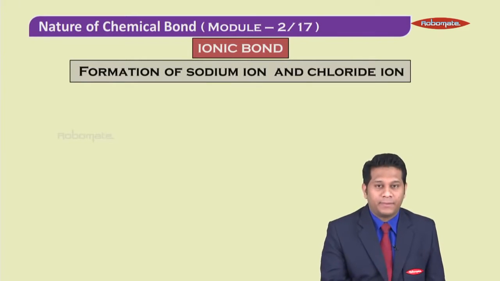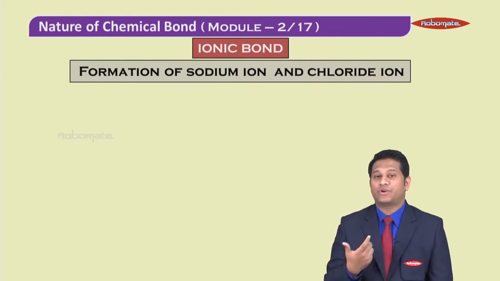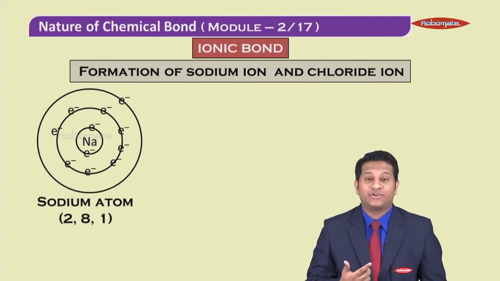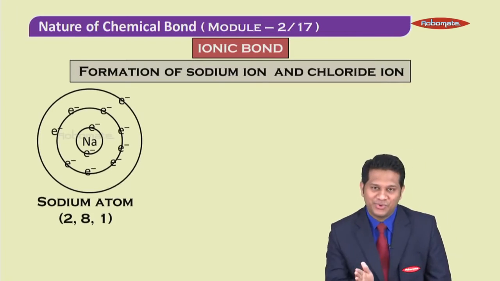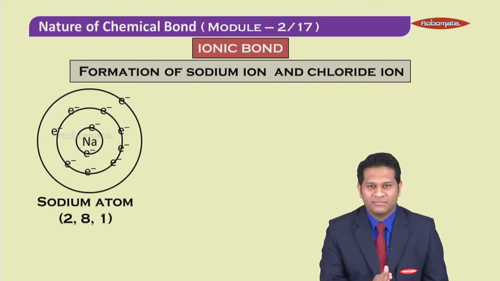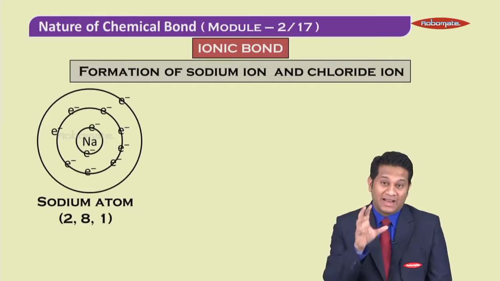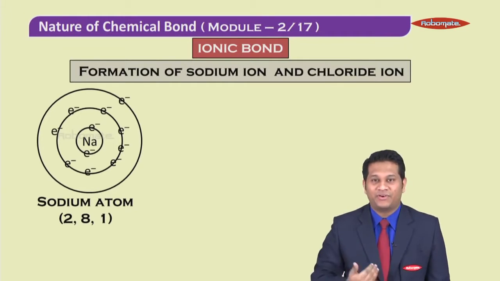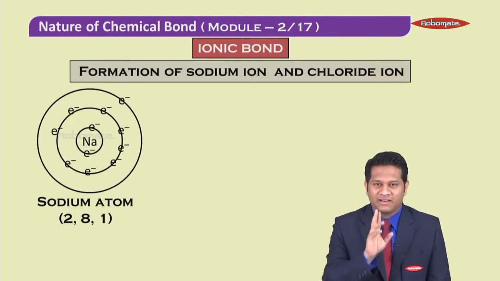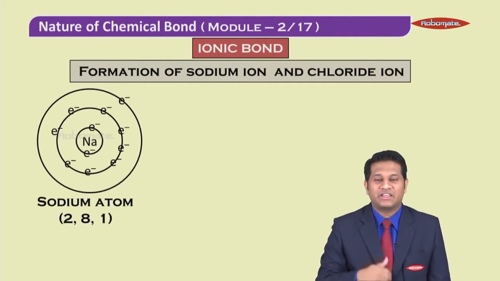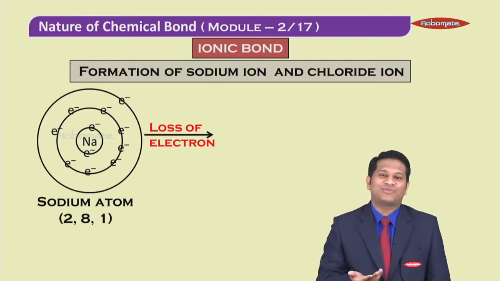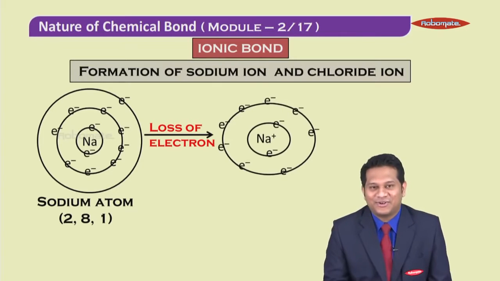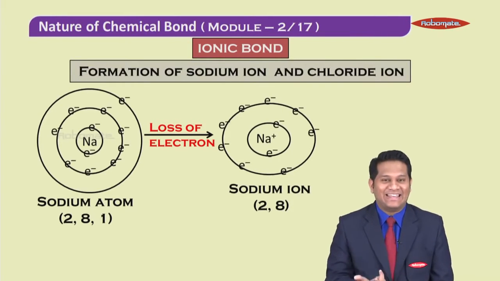If you want to prepare sodium ion, you will prepare from sodium atom, where the electronic configuration of sodium atom is 2, 8, 1, and this sodium atom will either accept 7 electrons or lose 1 electron with the most feasible process. Superb. The most feasible process is they will lose electron. So on losing electron, the sodium atom becomes sodium ion, having the electronic configuration 2, 8.